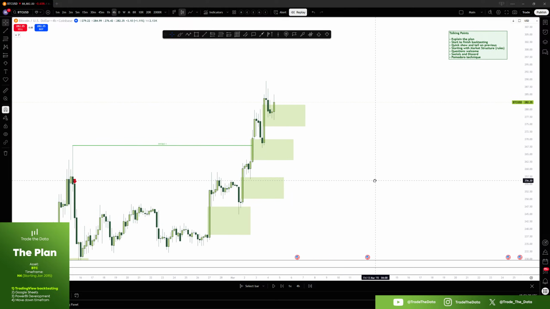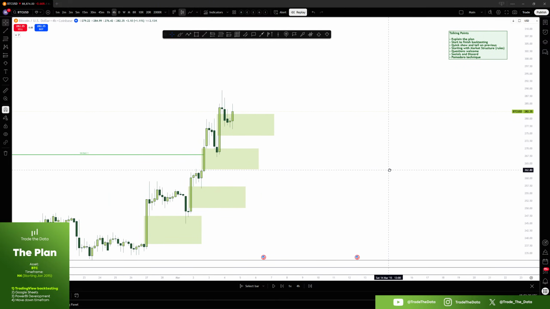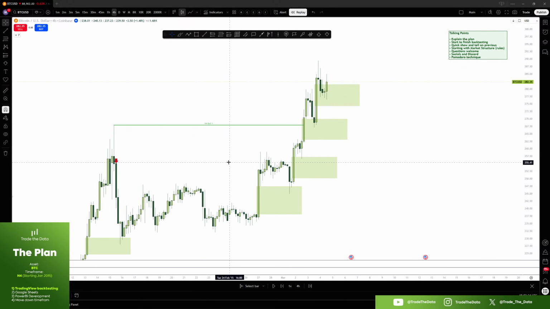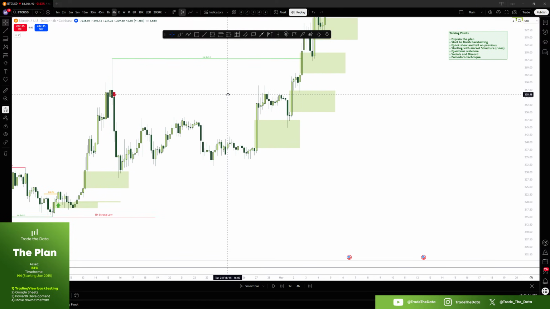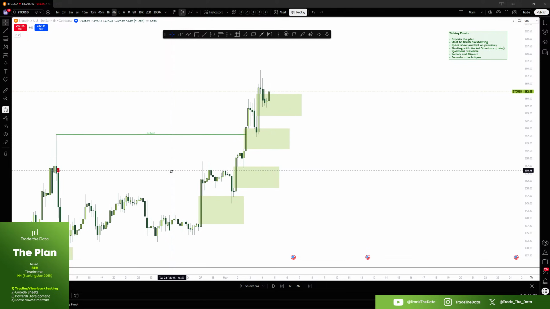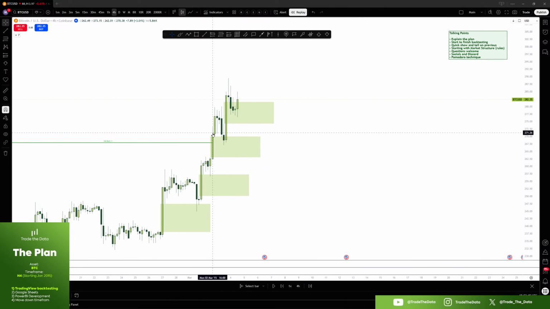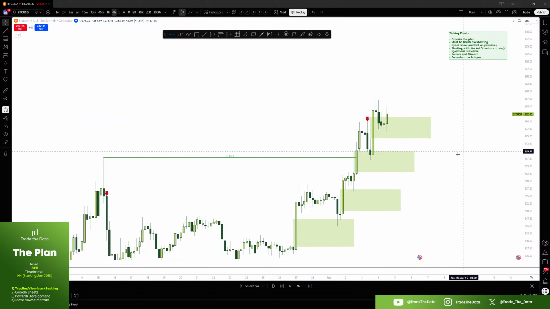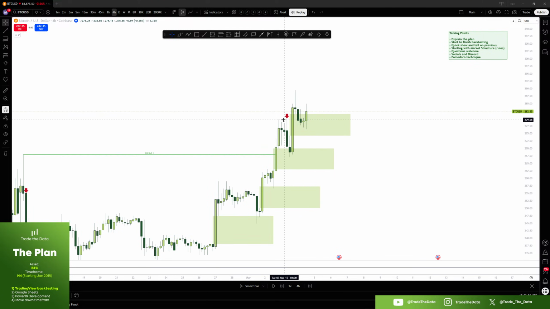So, back to what we're actually on here for. So we broke through. We've put that as a H4 boss 1. The strong low is already there, so that's good. So we're now waiting for a body break, which this candle here is what we've got. So just there. So that's the confirmation.